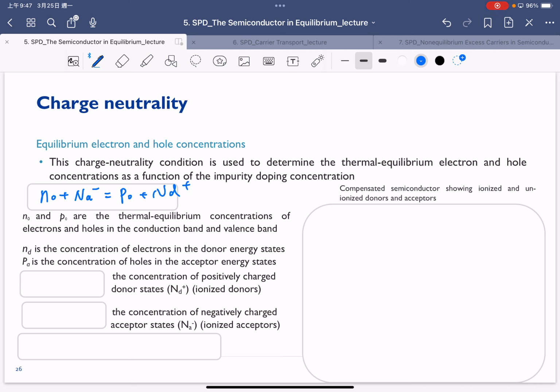Sorry, this was not mentioned in the previous slide. This just shows that these two terms will be equal due to the charge neutrality. n0 and p0 are the thermal equilibrium concentrations of electrons and holes in the conduction band and valence band.